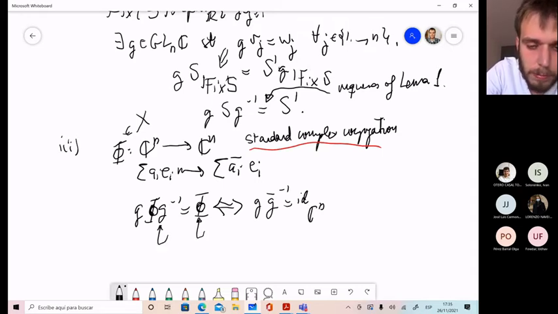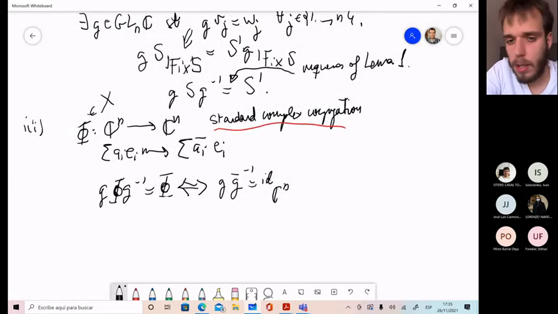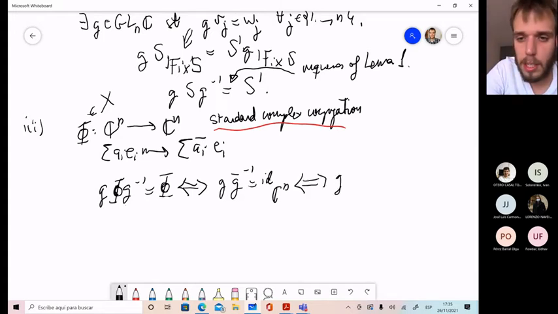For instance, you take the canonical basis of C^n, and if you make these computations, you realize that this equality is the same as this other equality. But this is equivalent to the fact that g is equal to g bar.